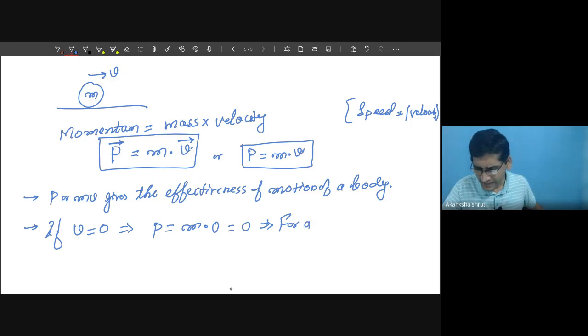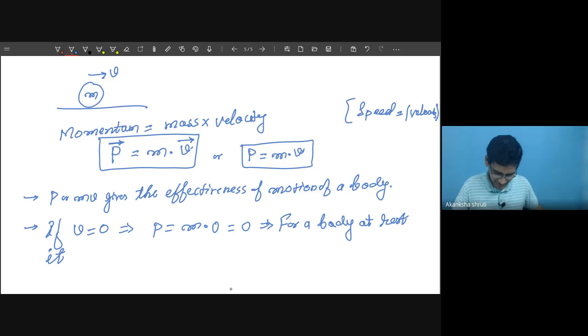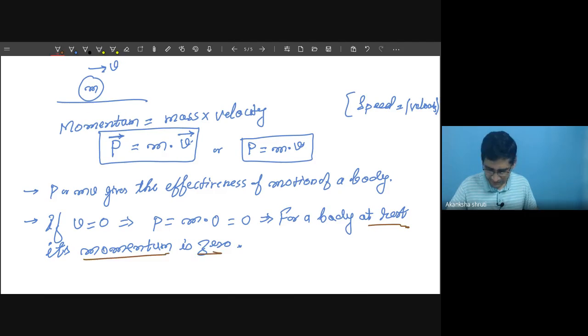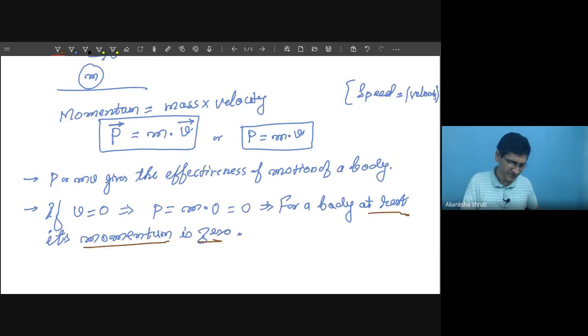For a body at rest, it is very important: its momentum is 0. It is asked in your MCQs. Okay? If it is at rest, momentum becomes 0, because V is 0, so P, mass into velocity, is also 0.